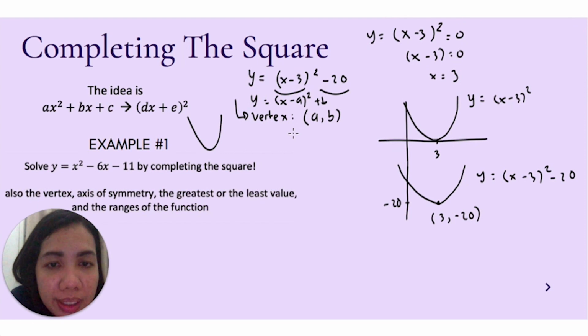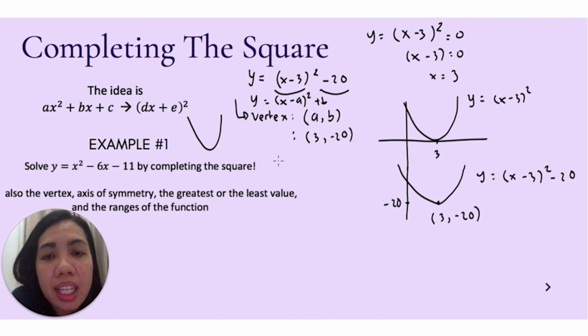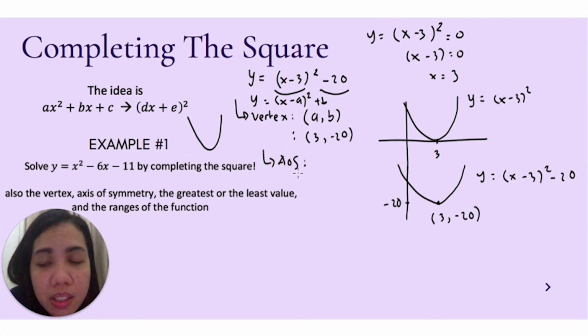So the vertex is 3, minus 20. Okay. Now for another thing, axis of symmetry. For the axis of symmetry, we just need to get the x coordinate of the vertex, which is 3 here. So x equals 3. This is the axis of symmetry.